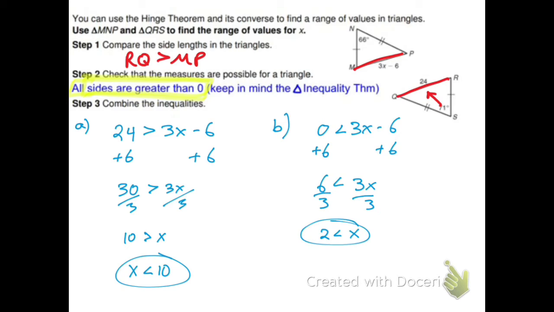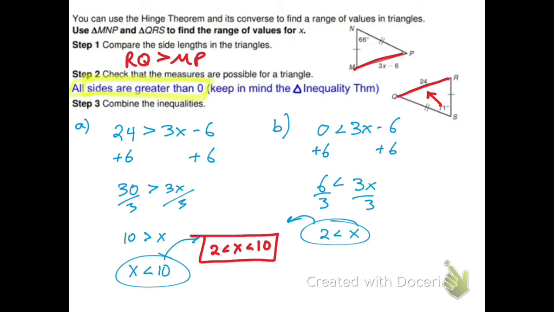Now I can put these two inequalities together for my solution. Just a second. Let me combine both of these. And I'll say that 2 is less than x, which is less than 10. And that is my range of values for x.